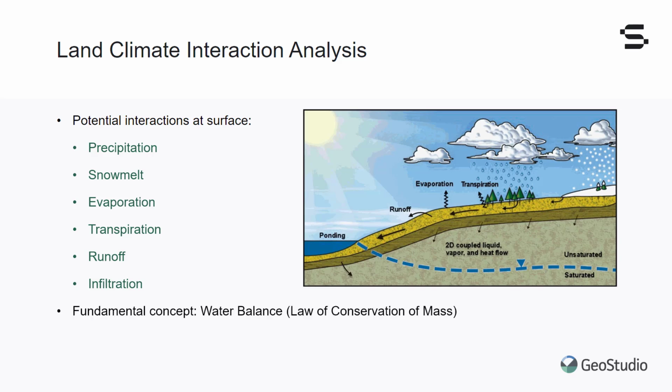The fundamental concept used to evaluate these processes occurring at the ground surface is the law of conservation of mass in the form of a water balance. The SEEP land-climate interaction boundary condition provides the ability to assess these processes and how they influence seepage.